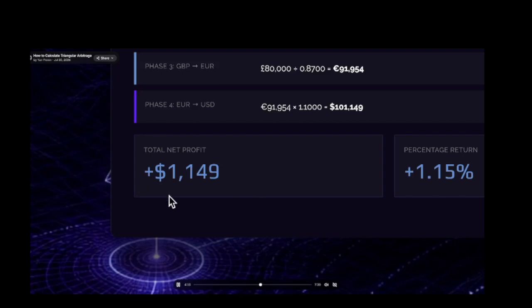We started with $100,000, so the gross arbitrage profit is approximately $1,149, or 1.15%. The same result can be calculated using the return factor. We divide 1.1000 by the product of 1.2500 and 0.8700. The result is 1.01149. Because this is greater than 1, the loop produces a gross profit.